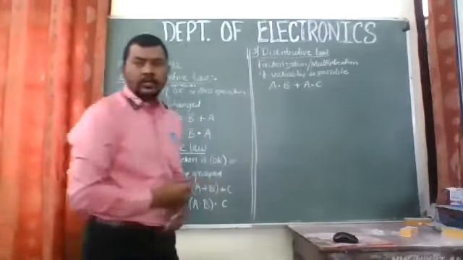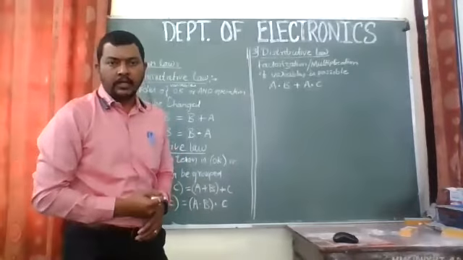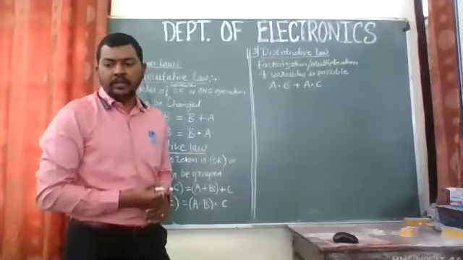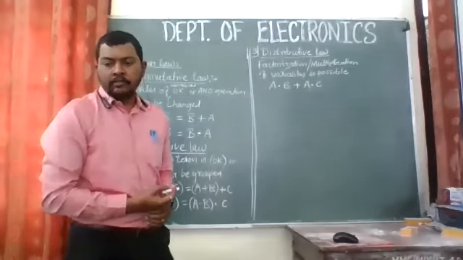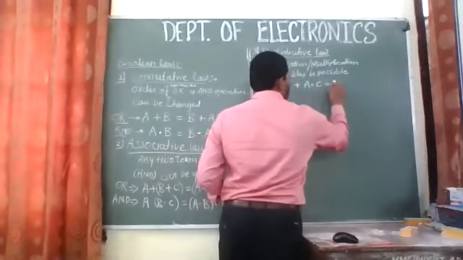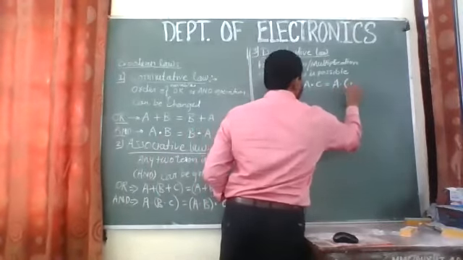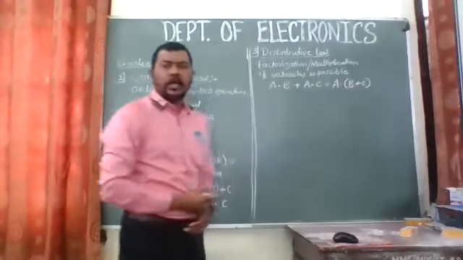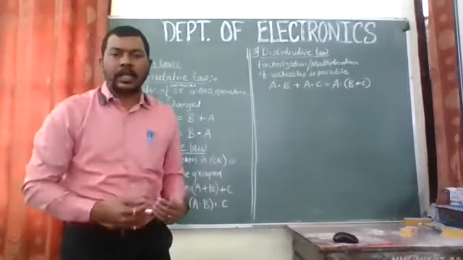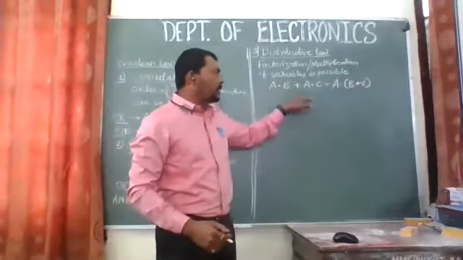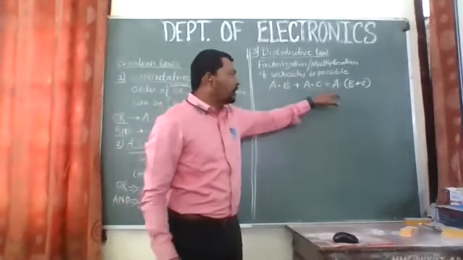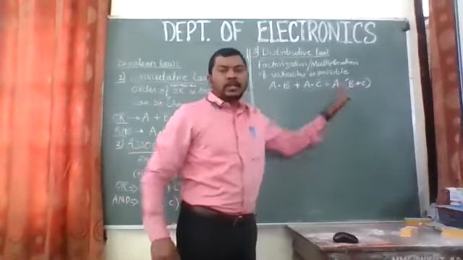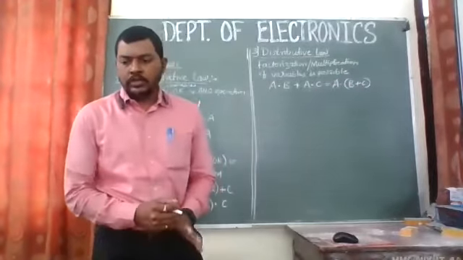This can be written by taking A common, as A dot B plus C. Just as we do in factorization, we have taken A as common. So A dot B plus A dot C can be written as A dot B plus C.